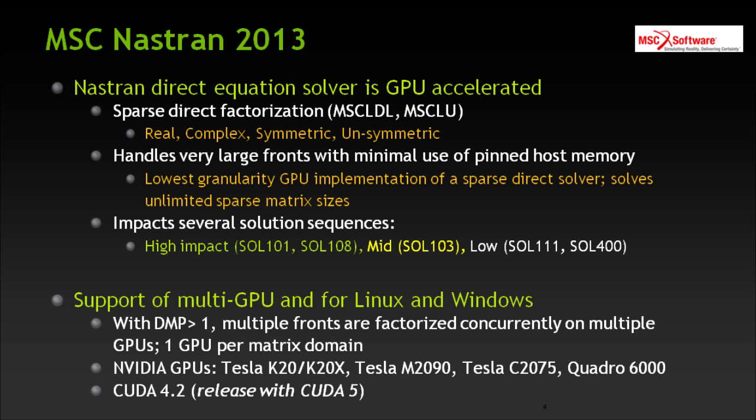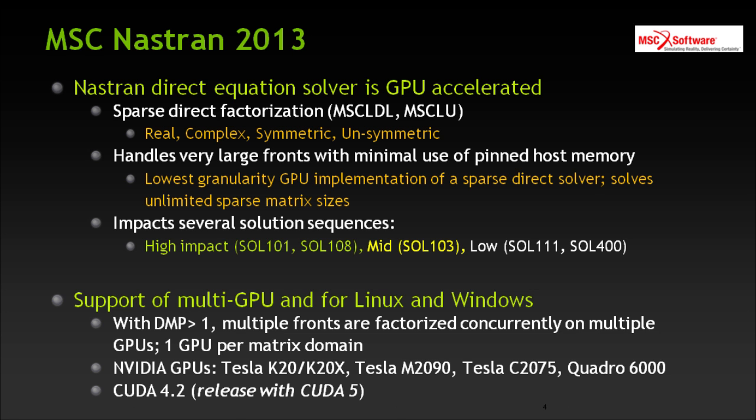In other words, they have the most potential for a high speedup with GPU acceleration, followed by some of the other solution sequences like solution 103, which is a normal modes analysis, or solution 111, which is a modal frequency response analysis, or solution 200, the design optimization solution, etc.